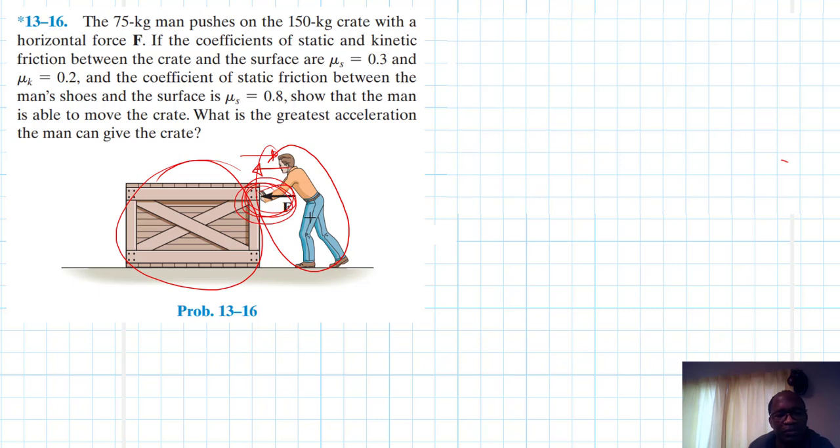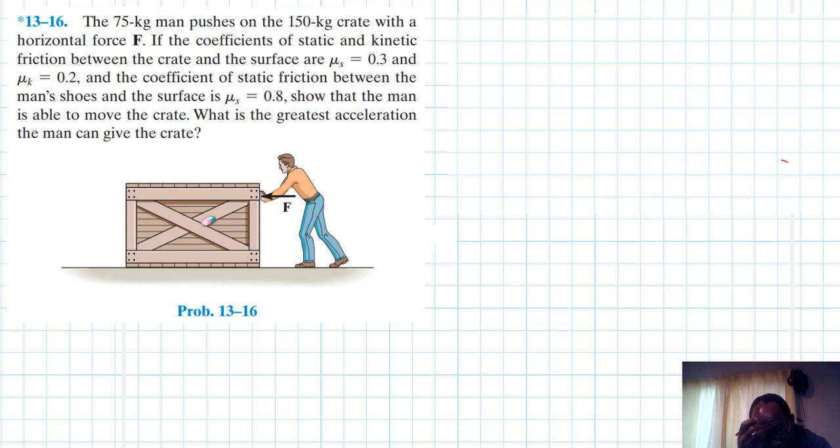For the man, we are assuming the man won't move. He will be in static equilibrium, so that we determine the force, and once we determine the force, we check for slip on the box, and if there is slip, then later on we can compute the greatest acceleration that the man can give the crate.